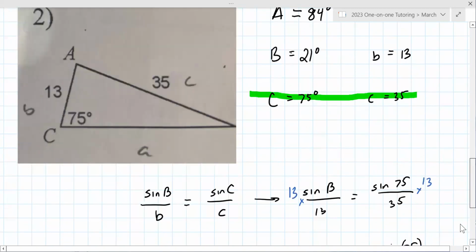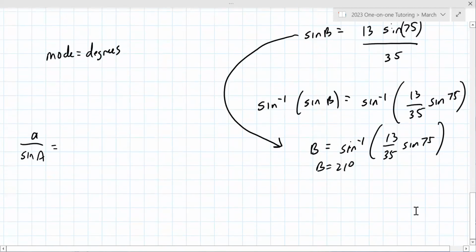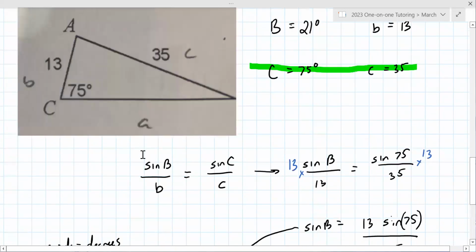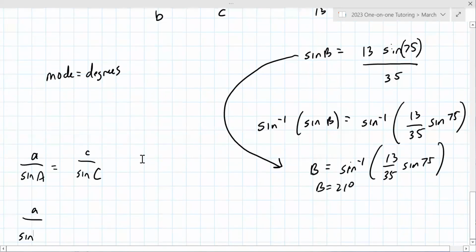So that's my preference. So it's C over sine big C. So it's A over sine 84 degrees equals 35 over sine 75.